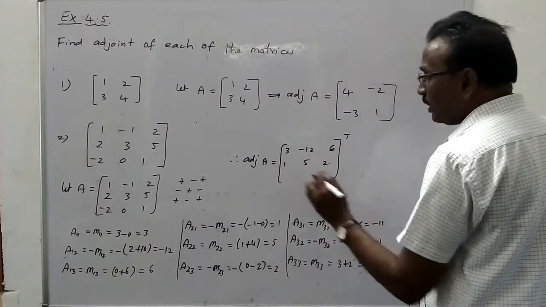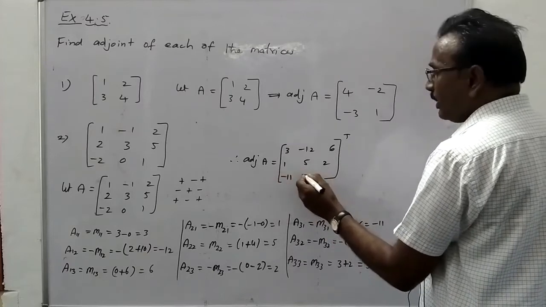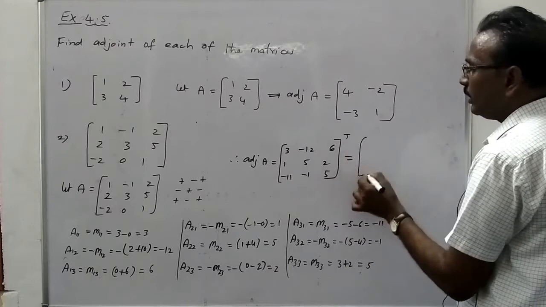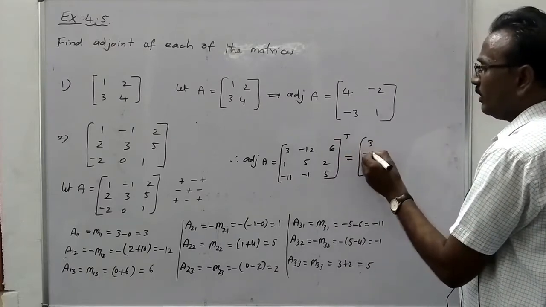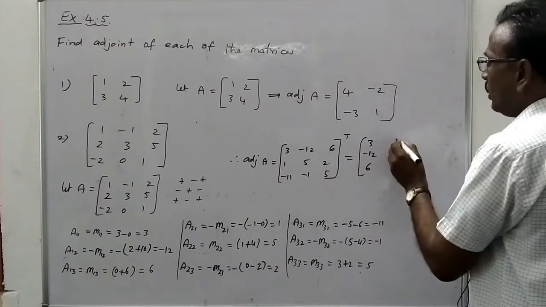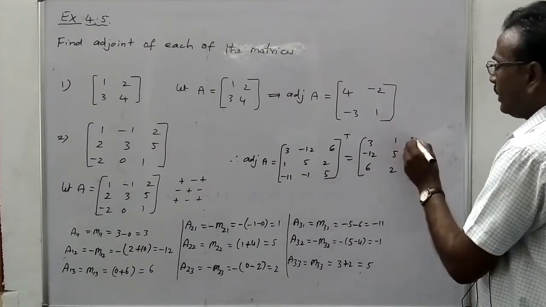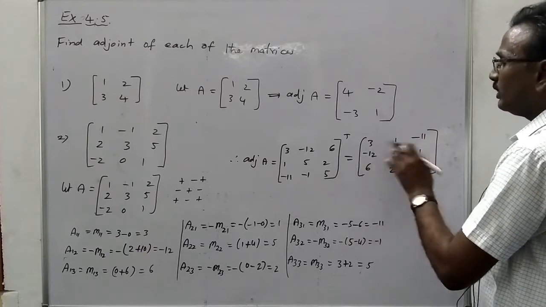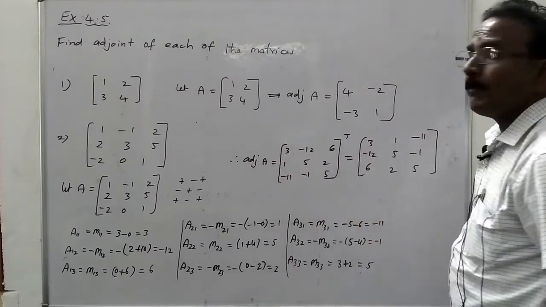Third row cofactors are minus 11, minus 1, 5. Transposing this matrix, we get the first row written in the first column: 3 minus 12 6, 1 5 2, minus 11 minus 1 5. After transposing we get this matrix. This is called the adjoint of matrix A.